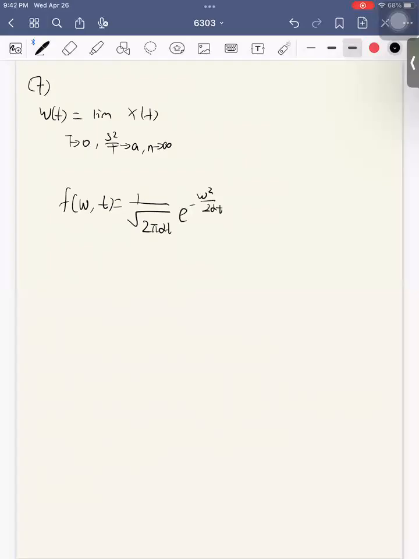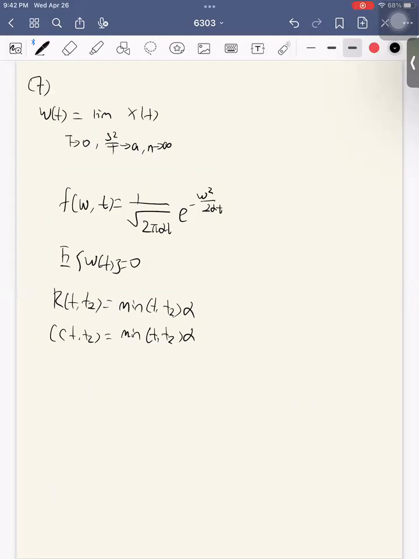The mean is equal to 0 as well. The autocorrelation R(t1, t2) is equal to the minimum of t1 and t2 times alpha, and the autocovariance C(t1, t2) is the same as the autocorrelation.